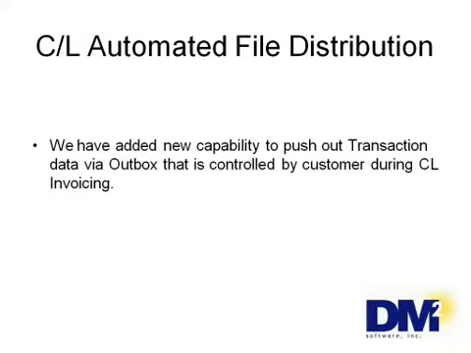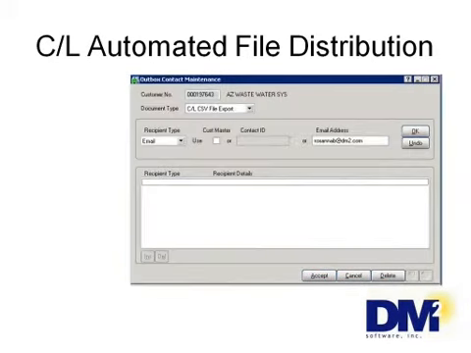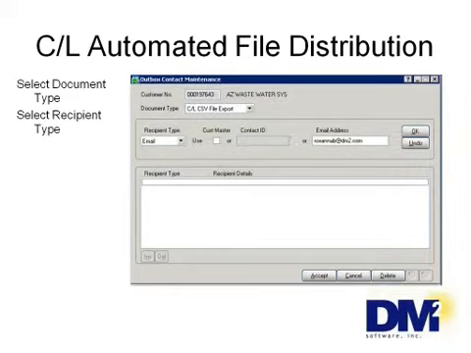Another thing we've added is the ability to automate the process of sending a CSV file out to your customers during CardLink invoices, and it's using Outbox as the conduit for sending it. So when I'm setting up my Outbox selections for document, I can come down here, click on CSV file export, and go into my usual Outbox setups for my customers and select the document type, and then the recipient, as we always do.